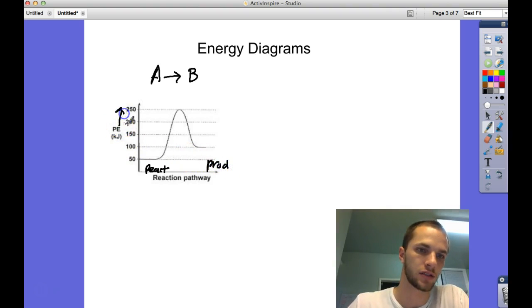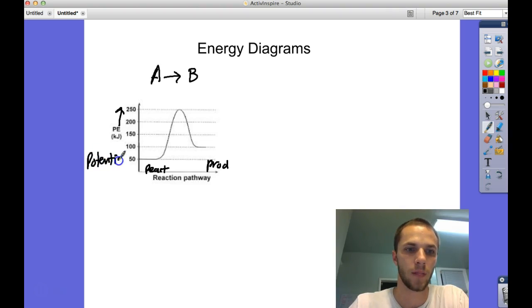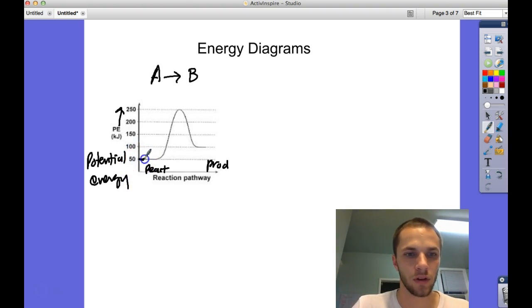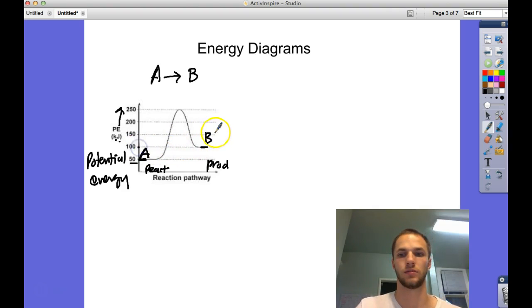On the y-axis, we have PE, which stands for potential energy, or we can just say energy in general. So we can see that when they're the reactants, A has 50 kilojoules, kJ, of energy to start. And the products, B, now look like they have 100 kilojoules of energy. So we need to think about, did the reaction gain or release energy?